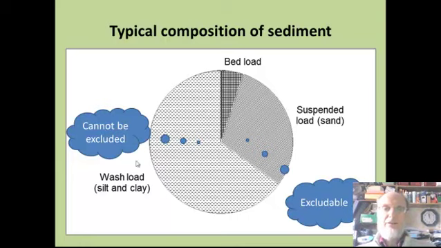And we have the wash load, which is silt and clay. Now, the wash load is very slow to settle and effectively cannot be excluded, whereas bed load and suspended load are excludable.